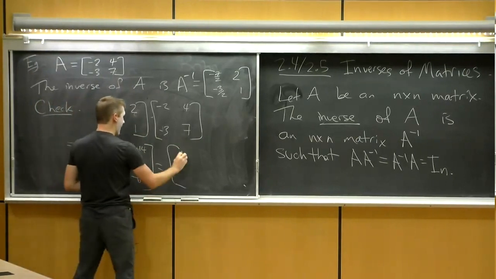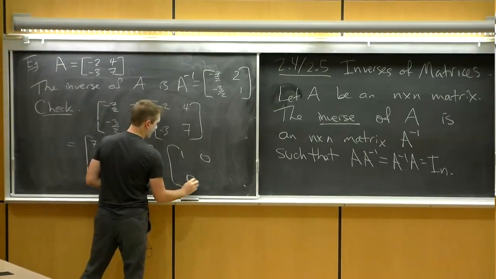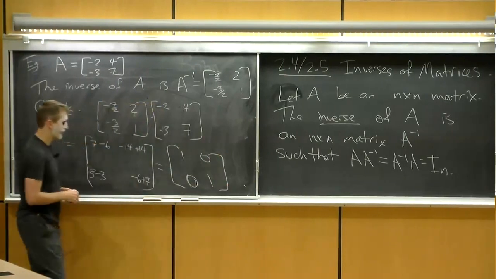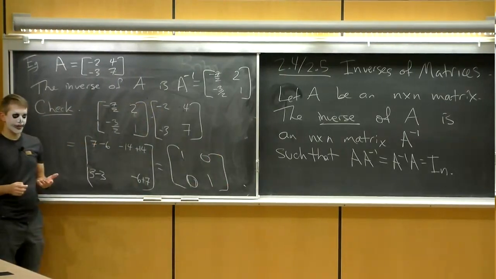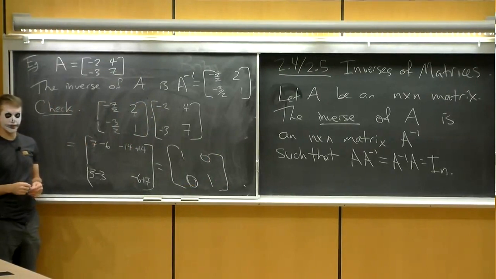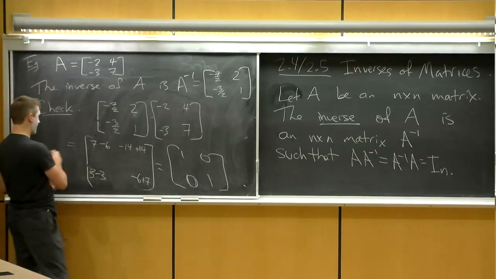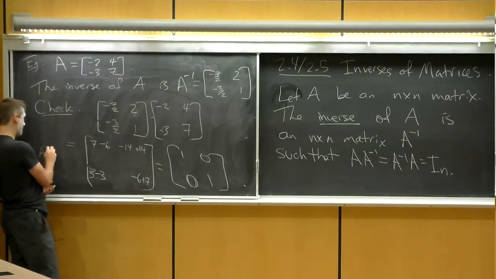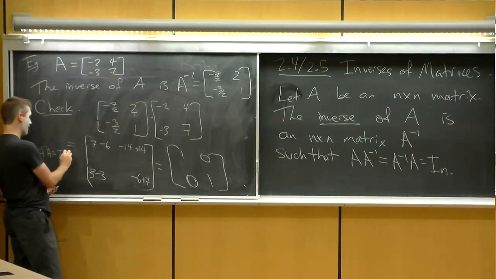So at the end of the day, you do get the right thing, 1, 0, 0, 1, right? So this is telling me that A inverse times A is equal to I2.